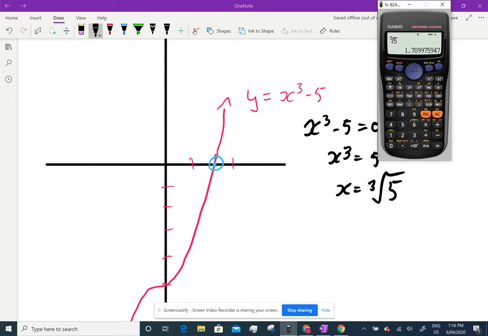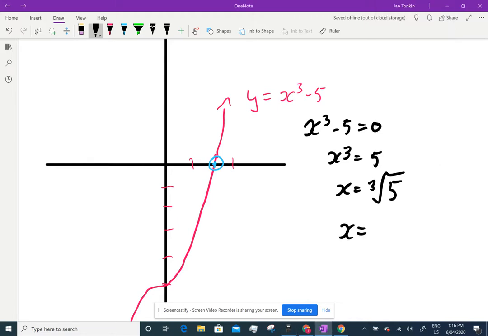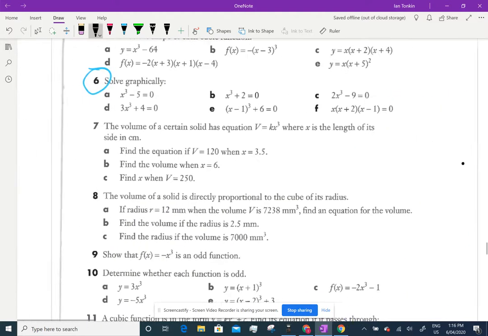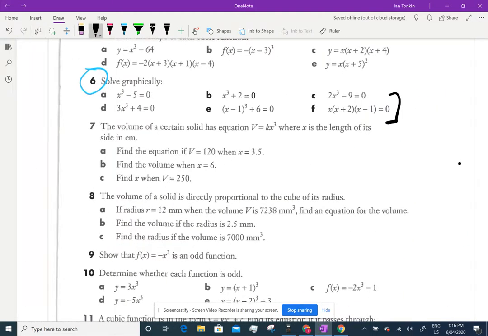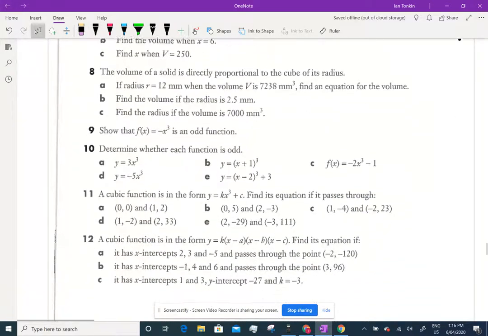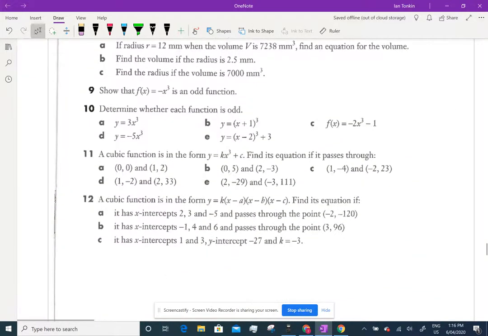Now, could you get that from drawing a graph? You'd have to be very accurate. And even then, when you're drawing a cubic. So I'd rather you try and solve them algebraically. All right? And they're not that hard when you do that. These worded questions, I want you to have a go at them. And get back to me with any questions where you found it too difficult.